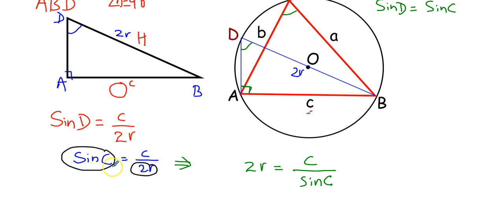You can do this because it is a product and cross multiplication. You know all that. 2r goes here, sine C came down.